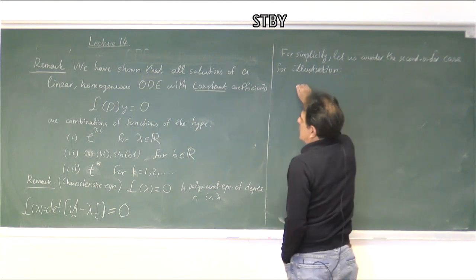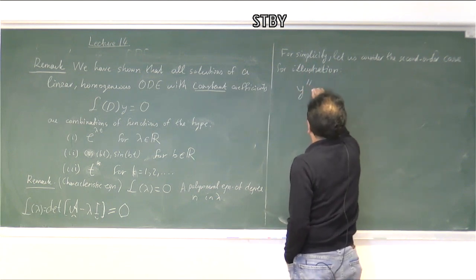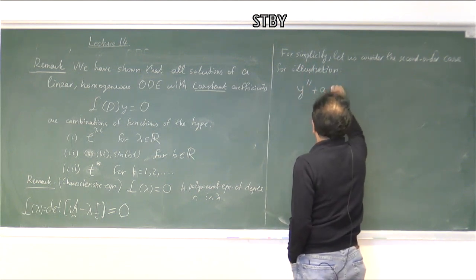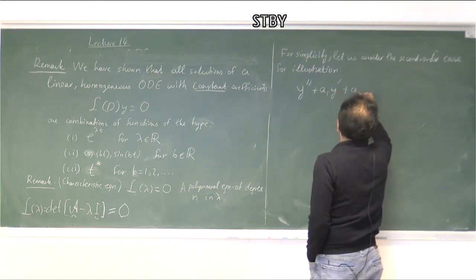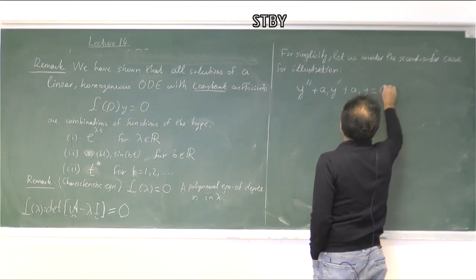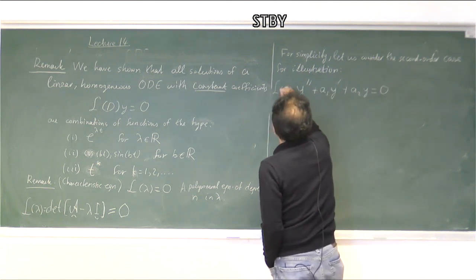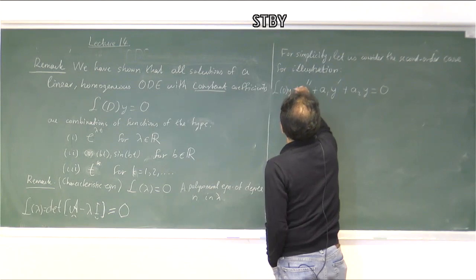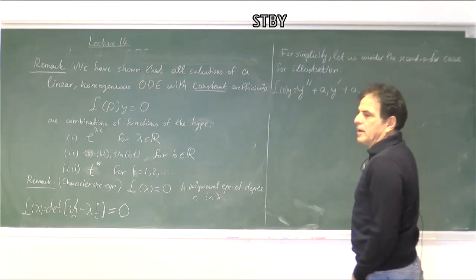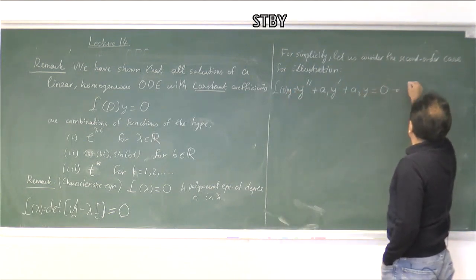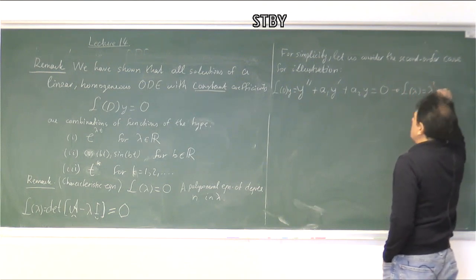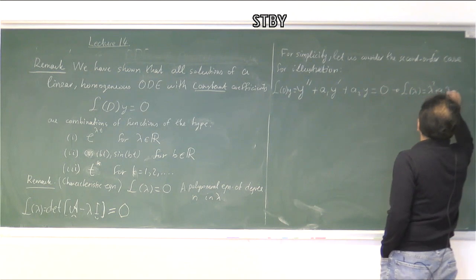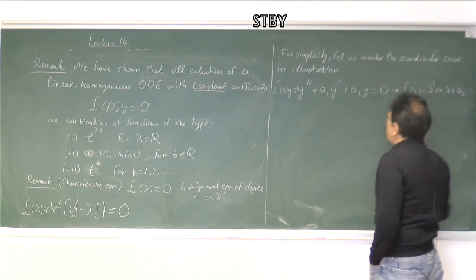Look, consider this: y double prime plus A1 y prime plus A2 y is 0. This is L of D y. So clearly, L of lambda is lambda squared plus A1 lambda plus A2.